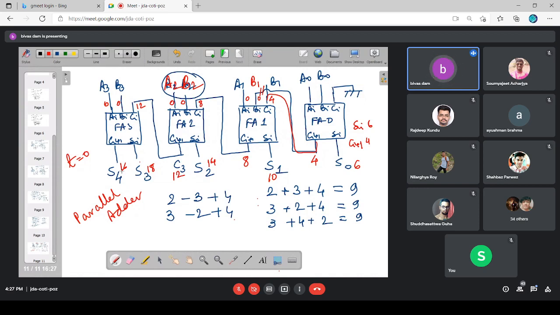So this is basically called a ripple carry adder, and all the ripple carry adders are of the type parallel adder.